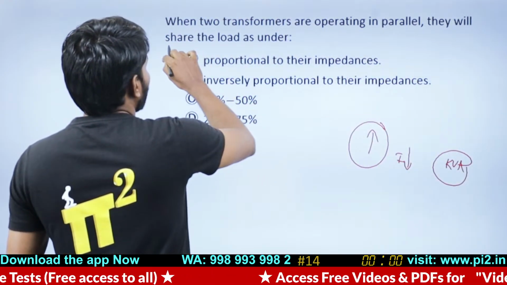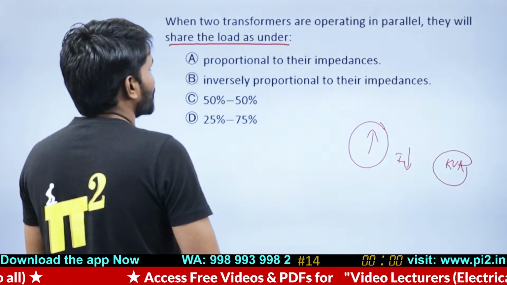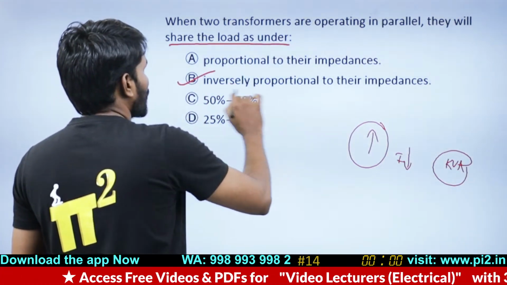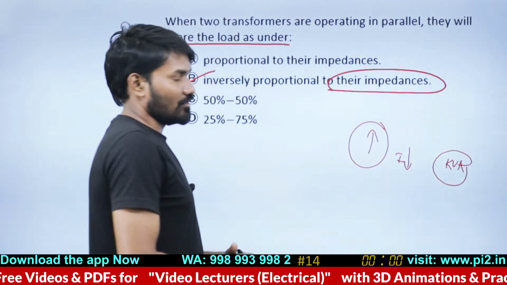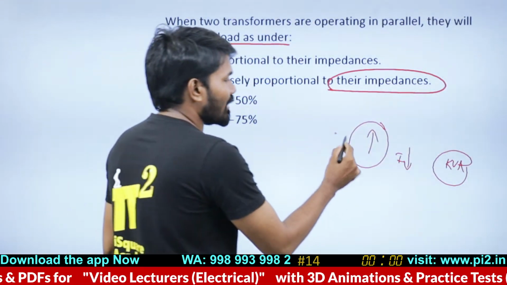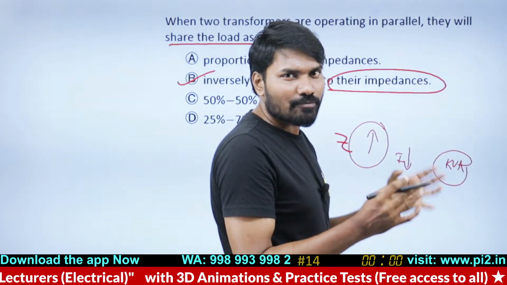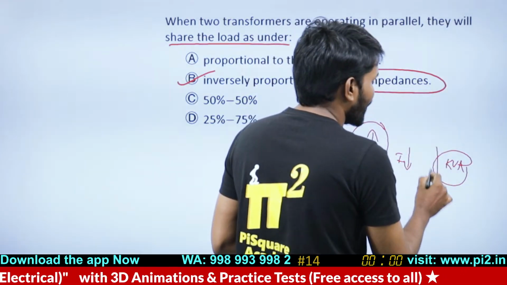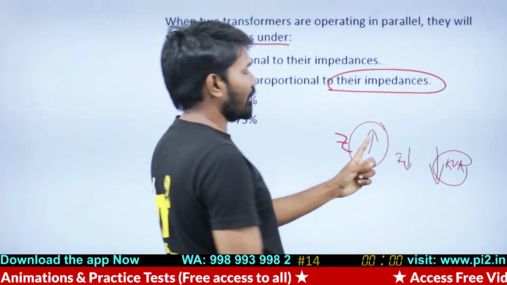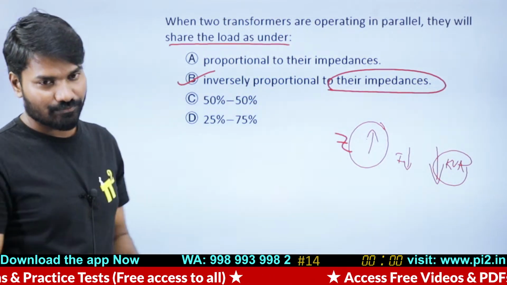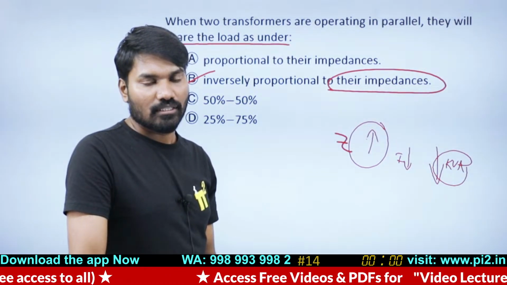So their load sharing is inversely proportional to their impedances. Simple concept: impedance is high, current is low, for a constant voltage, because it is a parallel connection. Load sharing is low for a high impedance. An inverse relation is being followed.